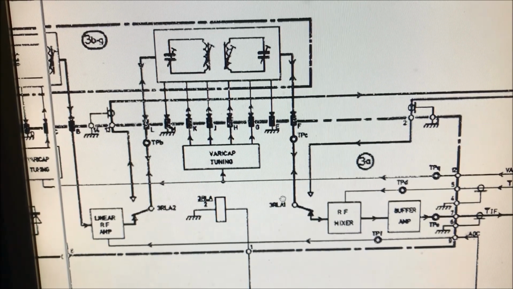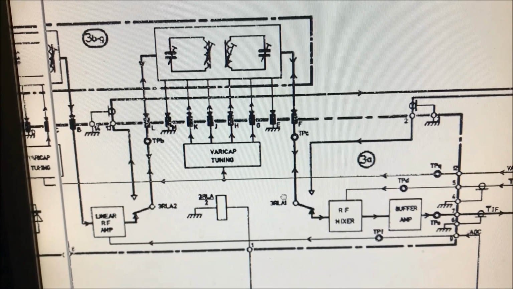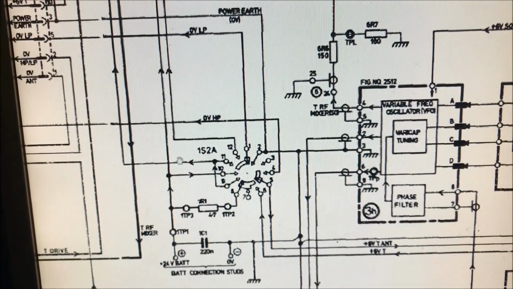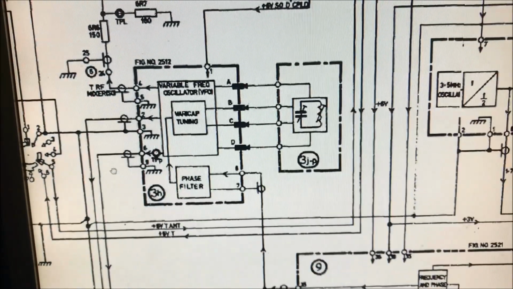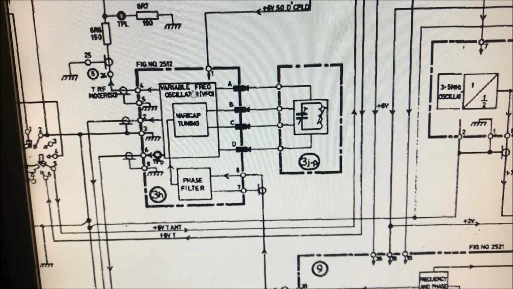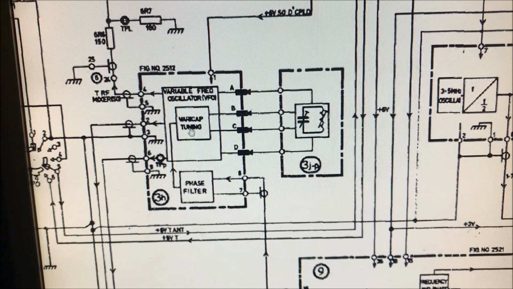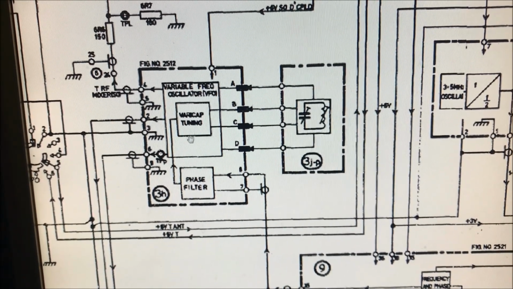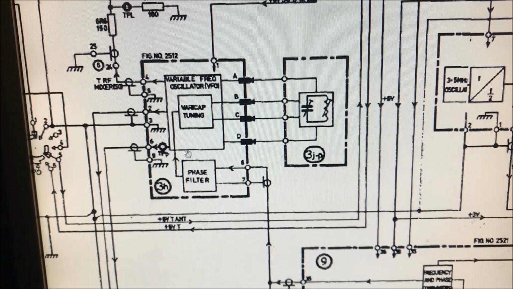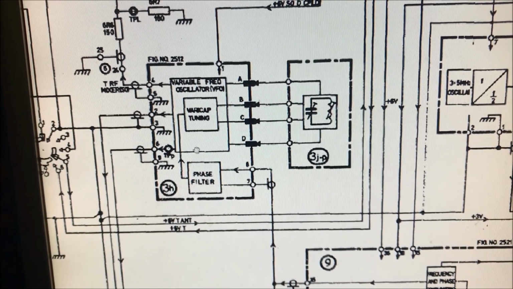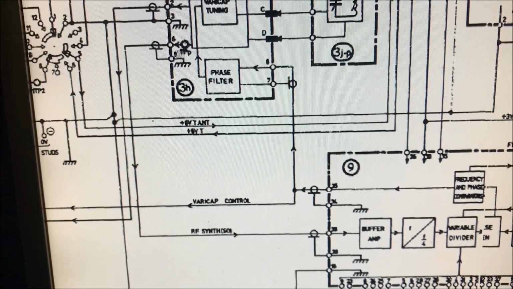So this looks after the receive. It goes without saying that if the 3H board was to vary the frequency, it would vary for both transmission and receiving.